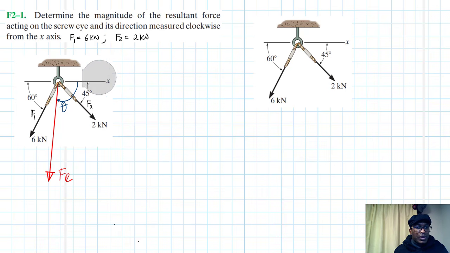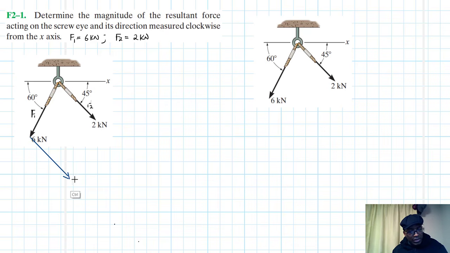Great. So first things first, let's draw the parallelogram. I'll start from the head of this vector. I'll have one vector like this, which is parallel to F2, like so. This is good enough.